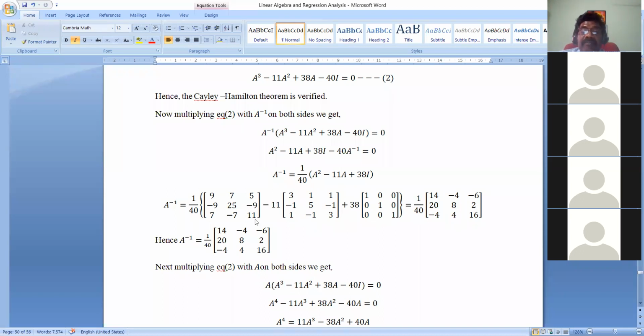Next, 11 minus 33 plus 38, 11 plus 5, 16. This is 1 by 40 into 14, minus 4, minus 6, 20, 8, 2, minus 4, 4, 16. This is the inverse of the given matrix by Cayley-Hamilton theorem.